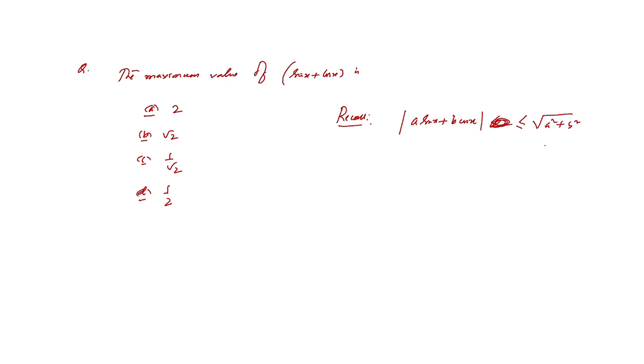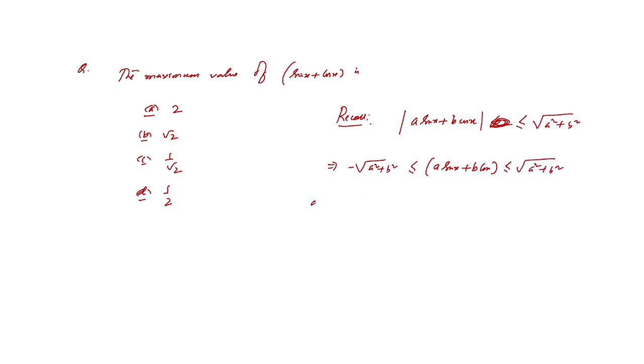So this is the formula. That means the minimum value is minus root under a square plus b square, which is less than or equal to a sin x plus b cos x, and this is less than or equal to root under a square plus b square.